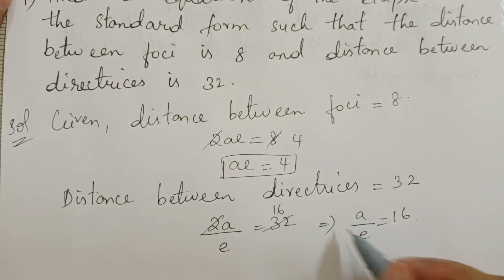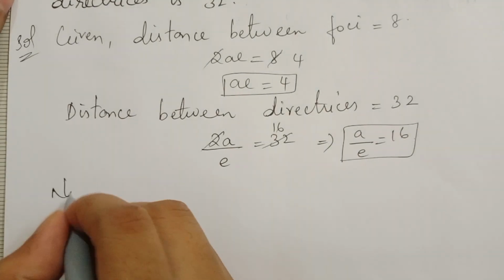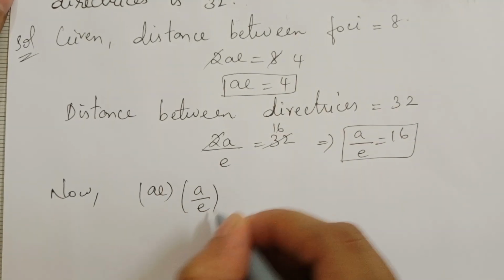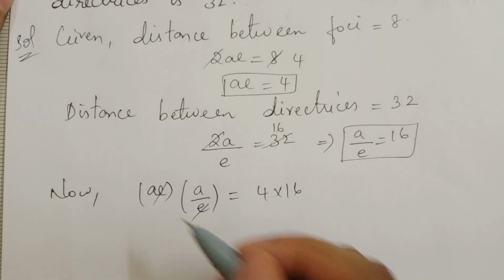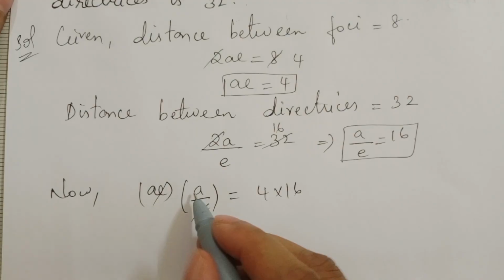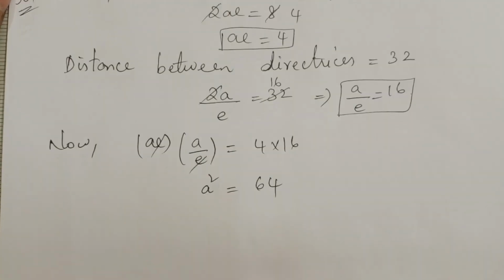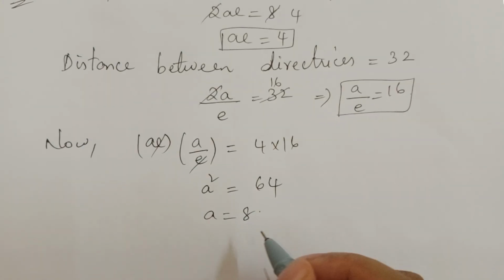So we have these two values, we should use them and solve. So now we can write ae into a by e is equal to 4 into 16. Here e gets cancelled. a into a is a square is equal to 64. So the value of a from here we get as a is equal to 8.